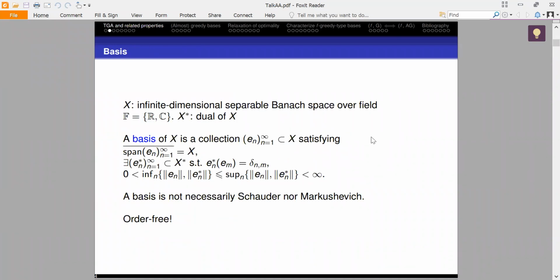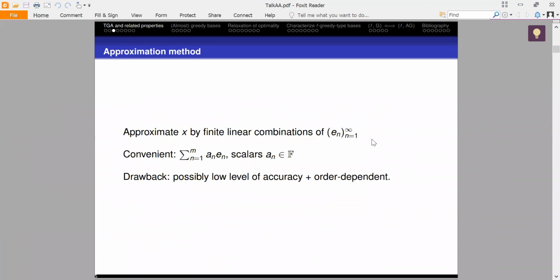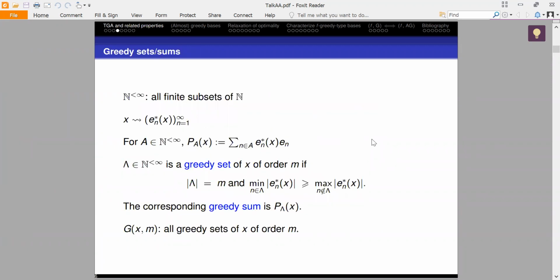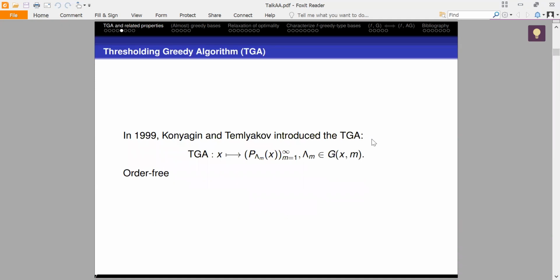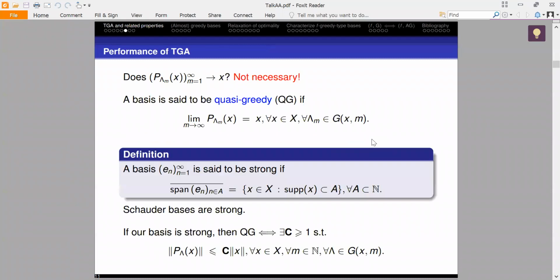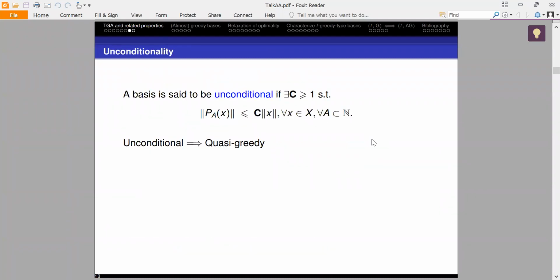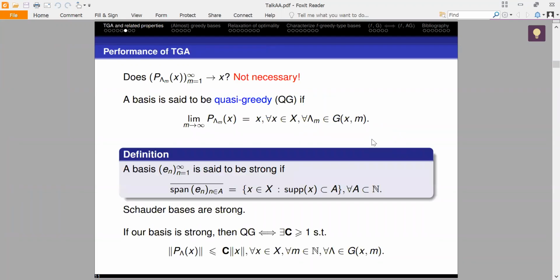So you said something about relation to Schauder bases. I think this was when you spoke about strong bases. Oh, I see, here. Yes, Schauder bases are strong. And my question was about the converse: are there any examples of strong bases which are not Schauder bases?